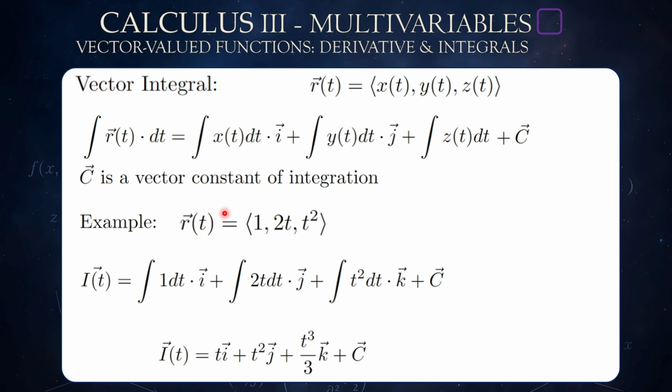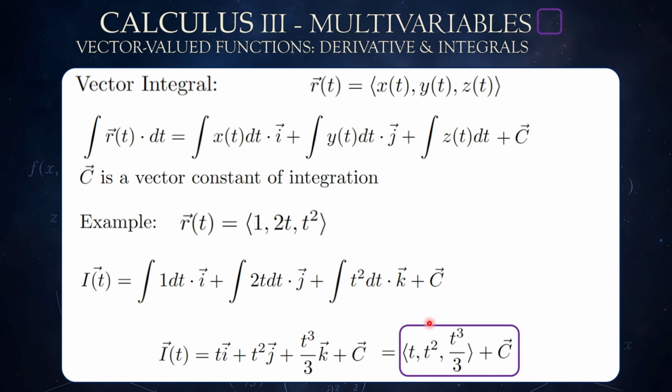Let's integrate. The integral of r(t) is equal to the integral of 1 dt i plus the integral of 2t dt j plus the integral of t squared dt k plus C, which is equal to t i plus t squared j plus t to the power of 3 divided by 3 k plus C.